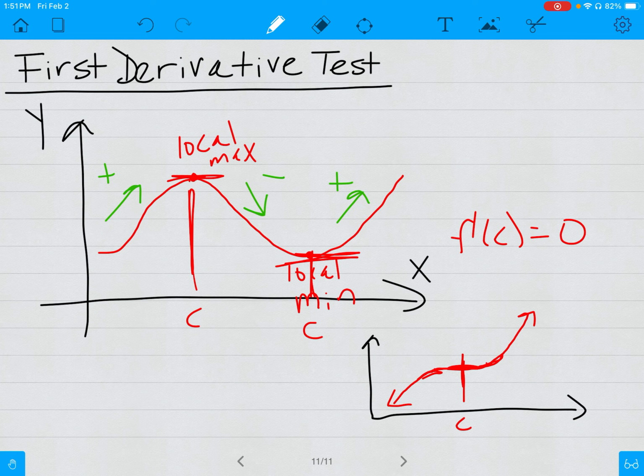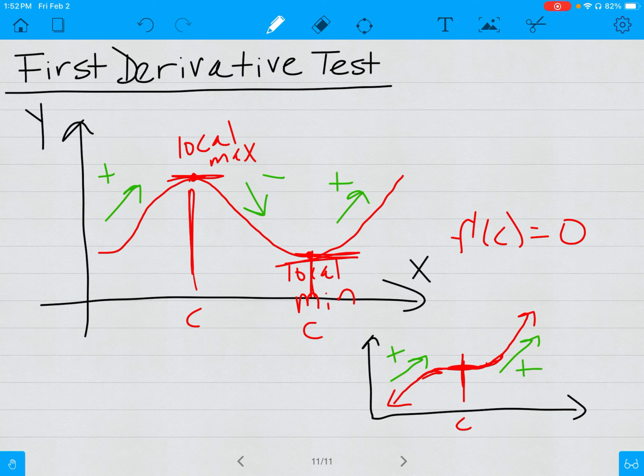But you'll notice if we look at the signs of the derivative to either side of that flat portion, to the left of that critical value, we're increasing. To the right of that critical value, we're still increasing, right? There was no change in sign, so there is no extremum there. There's no min, there's no max, okay? So this is the kind of stuff we're going to think about when we apply the first derivative test.